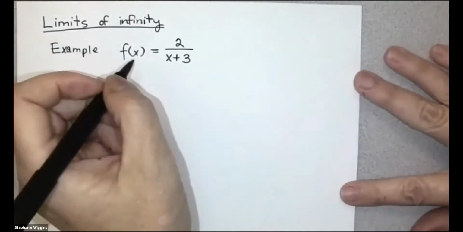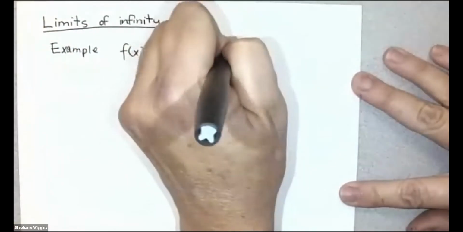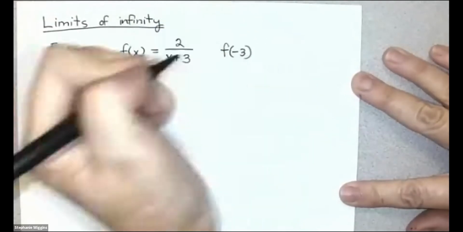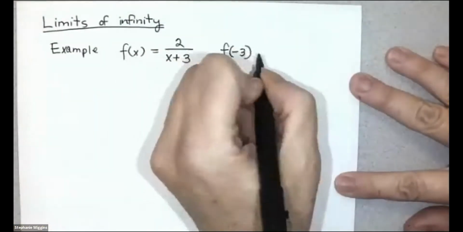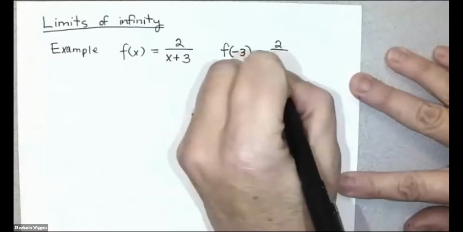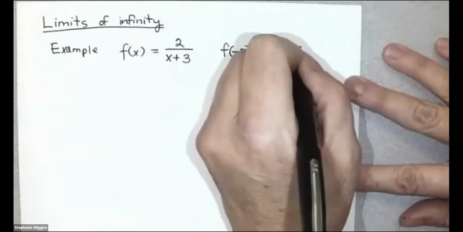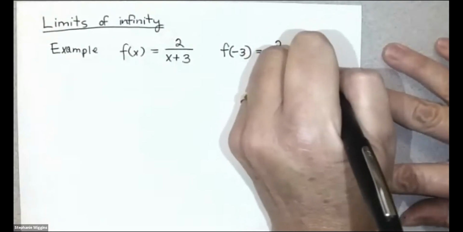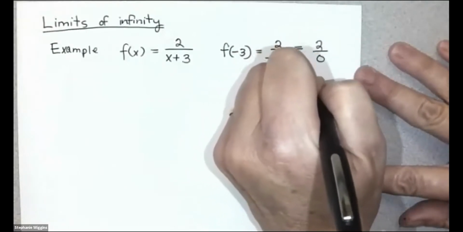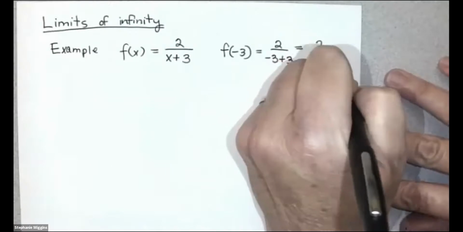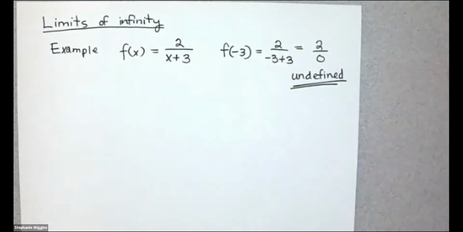Notice that if I plug in -3, I'm going to get 2 divided by -3 plus 3. And that becomes 2 divided by 0. This is undefined.